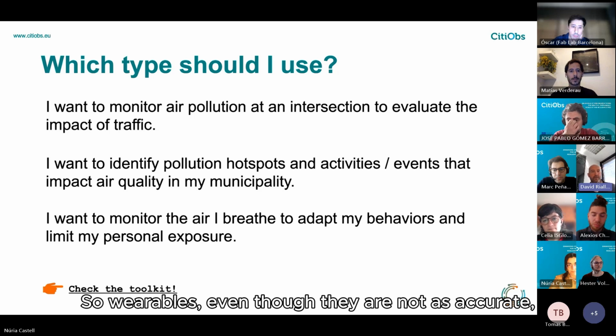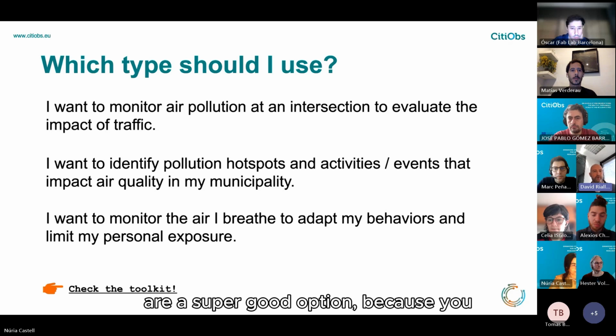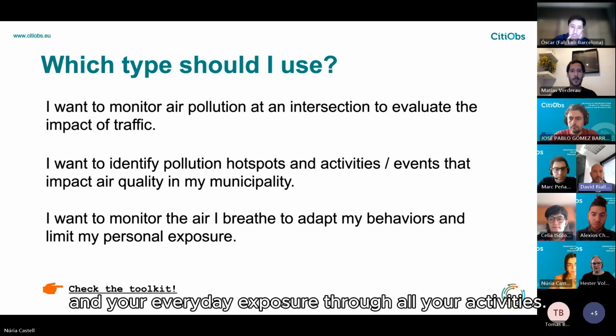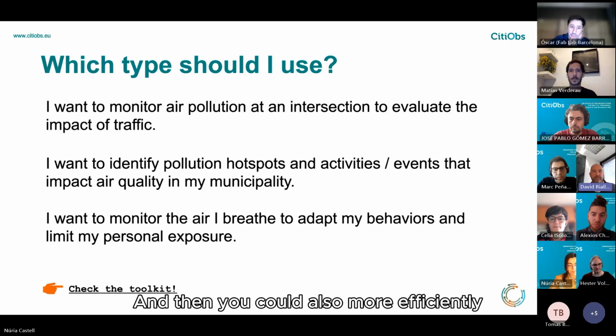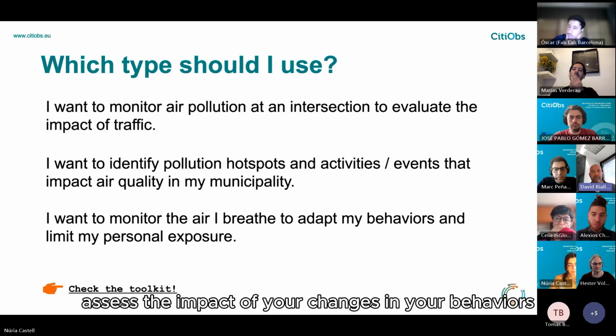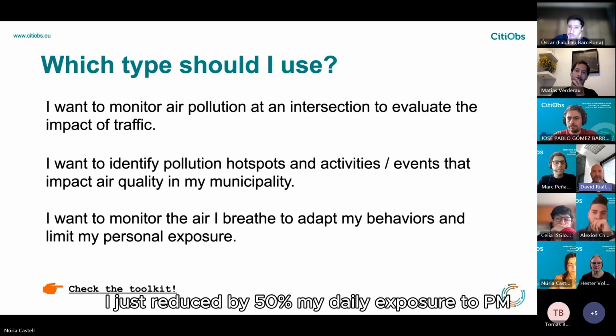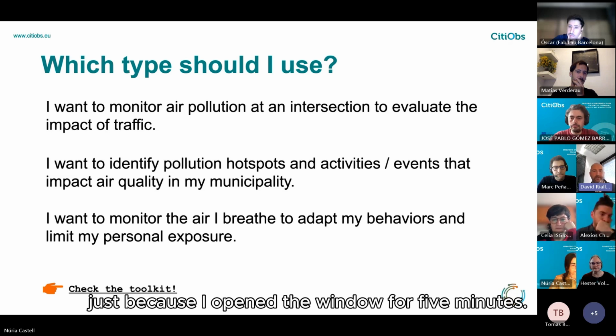So wearables, even though they are not as accurate, are a super good option because you can have the global view of indoor and outdoor and your everyday exposure through all your activities. And then you could also more efficiently assess the impact of changes in your behaviors and say, oh, I just reduced by 50% my daily exposure to PM just because I opened the window for 5 minutes.